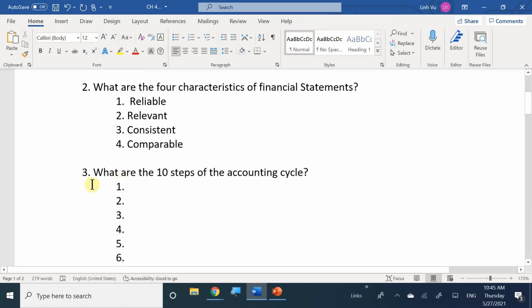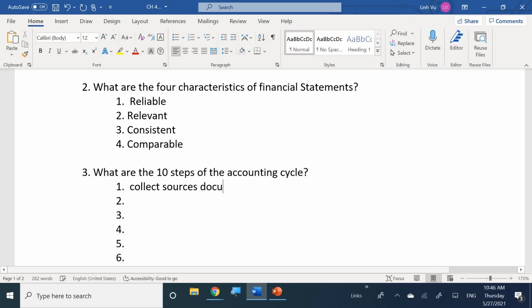Okay. Number 3, what are the 10 steps of the accounting cycle? The first one is collect source documents. Let me name all 10.